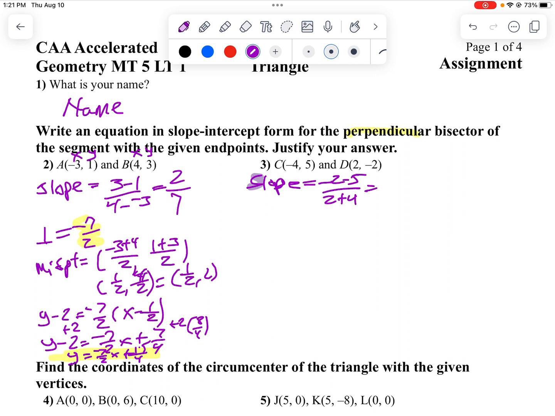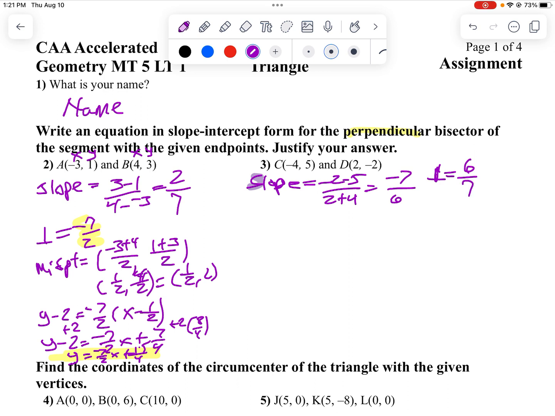So negative 2 minus 5 is a negative 7. 2 plus 4 is 6. So I got negative 7 over 6 is my slope, so I know my perpendicular line is going to have a slope of positive 6 over 7.